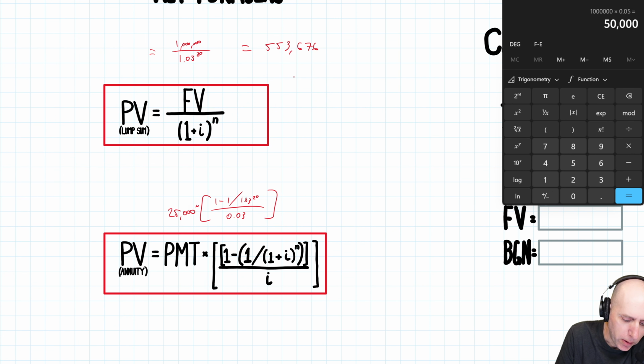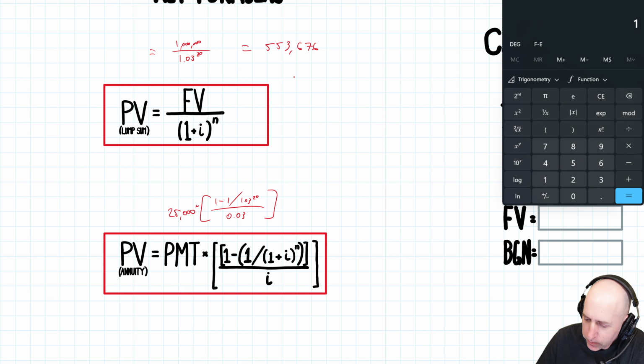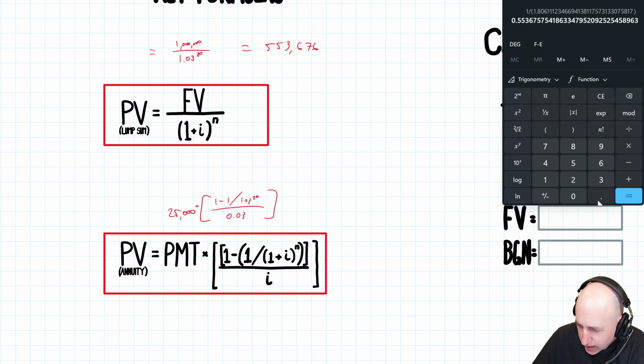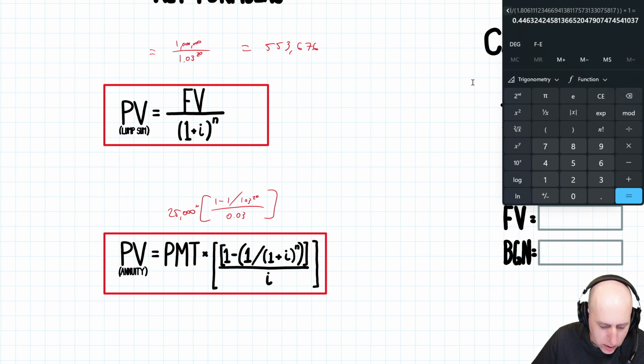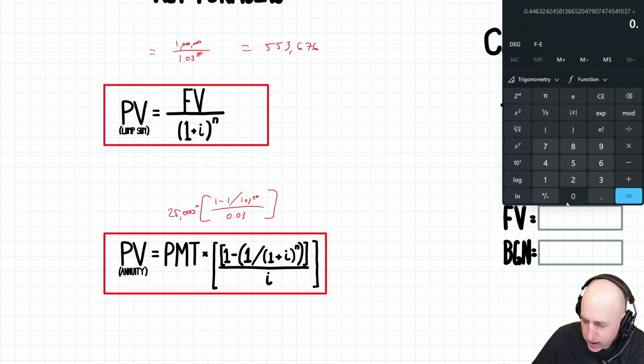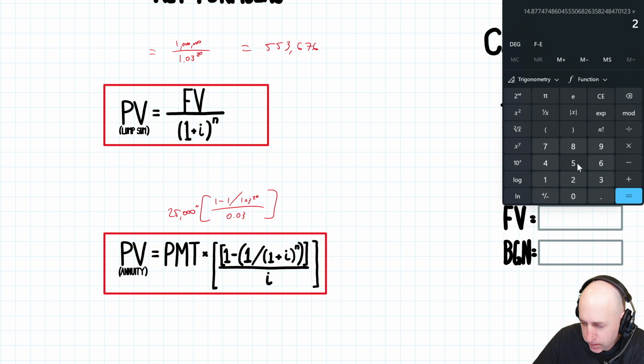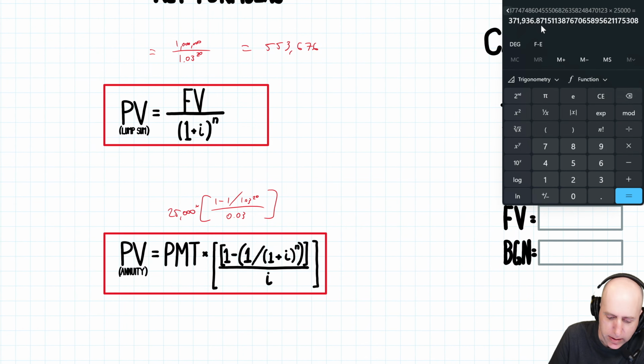So 1.03, I go x to the y, 20, I get 1.80, 1 over that, so there's a 1 over x button, 1 over x. 1 minus that, I put this in as a negative number, plus 1. I'm at 0.44 as my numerator, I divide by 0.03. I get 14.8, almost 14.9. I multiply by 25,000. And I get 371,937.